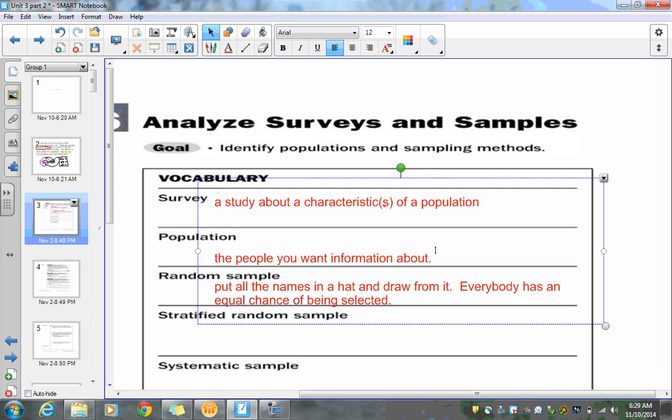In other words, everybody has an equal chance of being selected. That's what a random sample is. So you put all 2,500 names in a hat, you pull them at random, and there you go. That's how you find your random sample. It doesn't have to be names in a hat. It's just something, like a lottery, where everybody gets an equal chance of being selected.